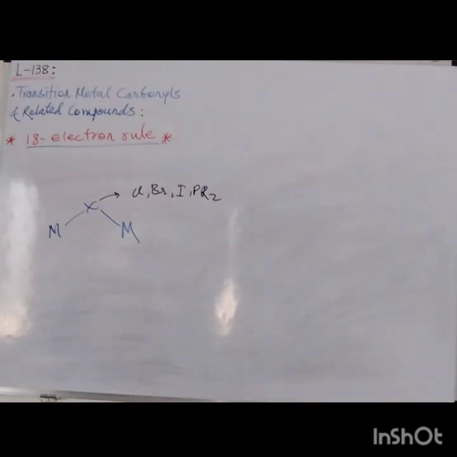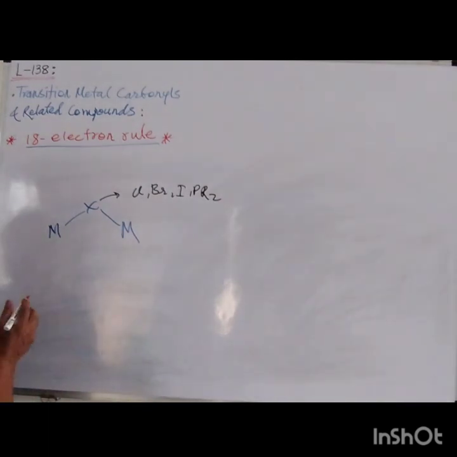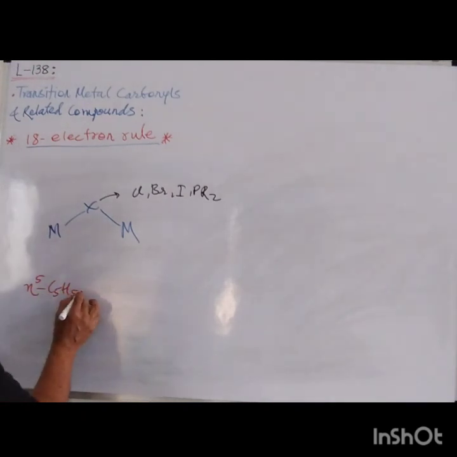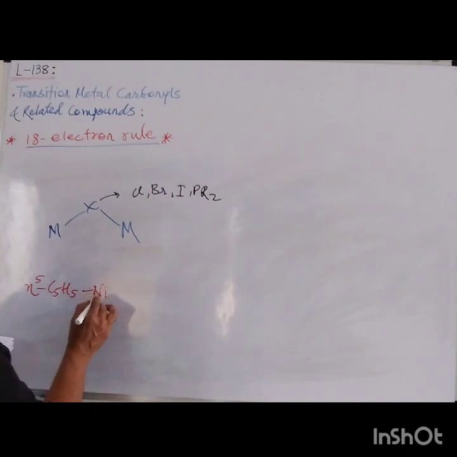So we can have this structure of this complex: eta5 Cp or C5H5, and this is Ni, Ni.